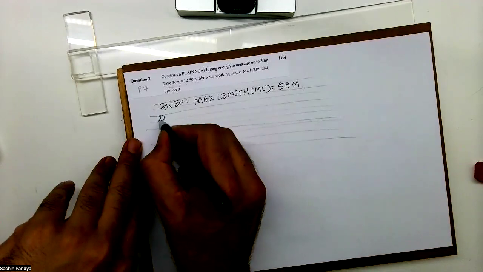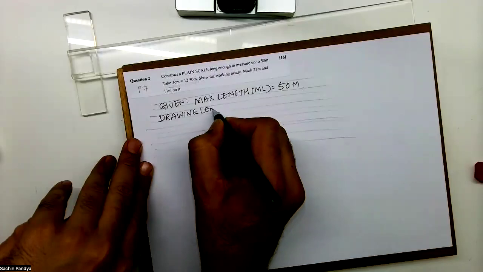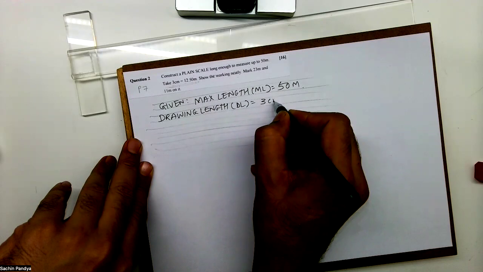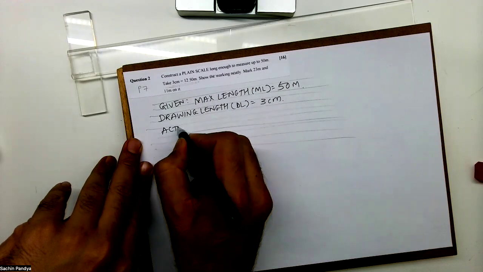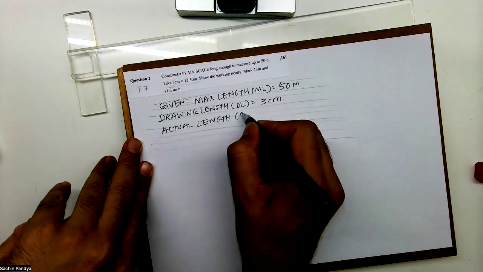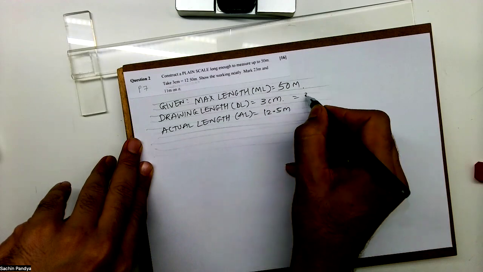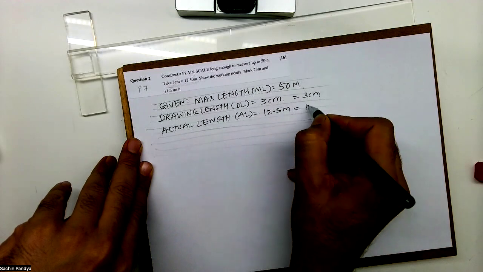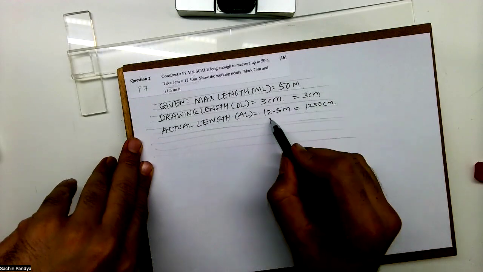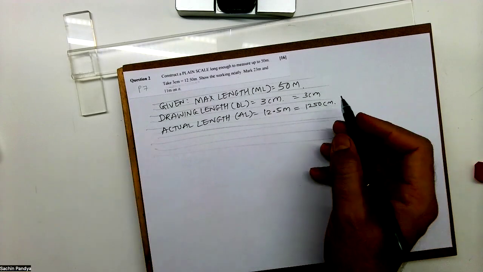So drawing length, how much is drawing length? 3 centimeter. What is actual length? It's 12.5 meter. So this is 3 centimeter. This is 1250. Am I right? 12.5 into 100 will give you 1250 centimeter.